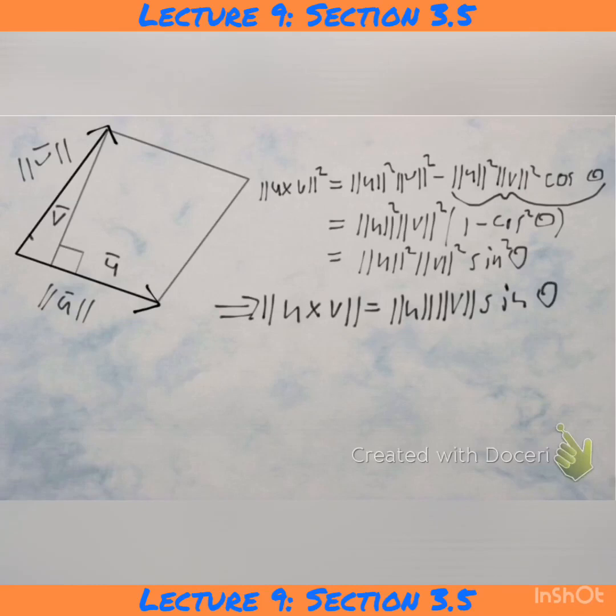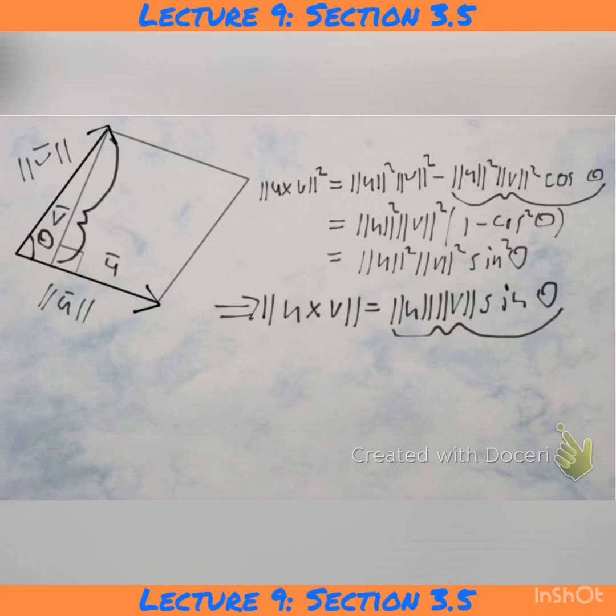Now go back here and you'll see that's the angle between the two vectors. And where does this sine come from? If you look at this length, which is basically the altitude of the parallelogram, how do we find the length of that edge?